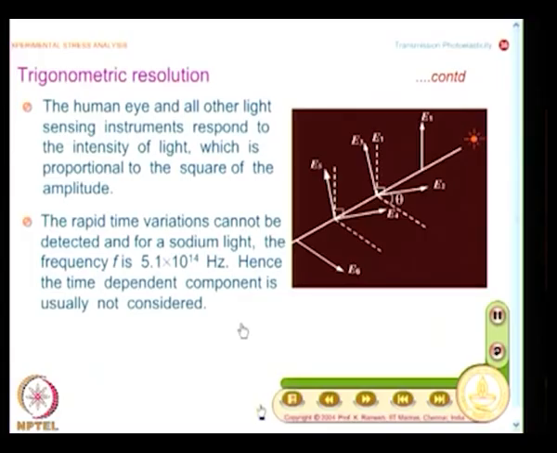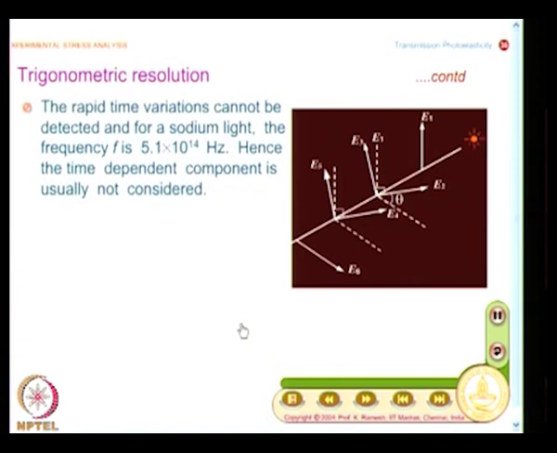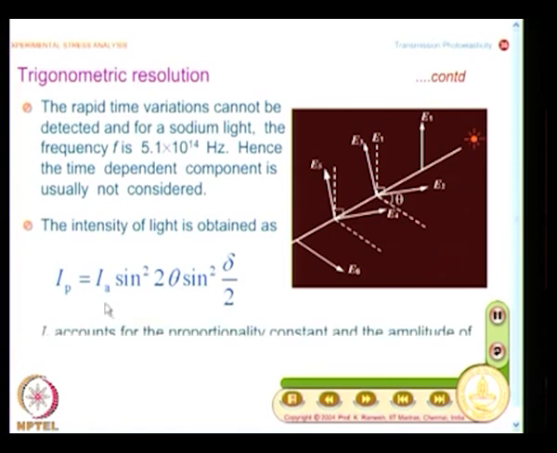I am not going to do the complete derivation. I am going to give you the final result, which you can have a look at, and you can actually go back and do this as your homework. I label this as IP, the P denotes it is a plane polariscope, and I get the final expression as IA sin square 2 theta sin square delta by 2.